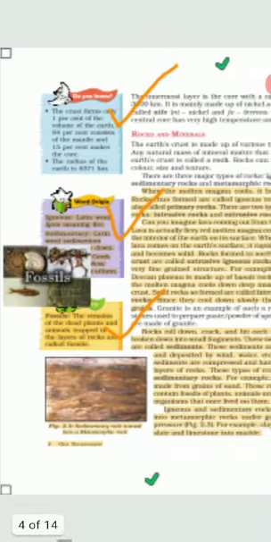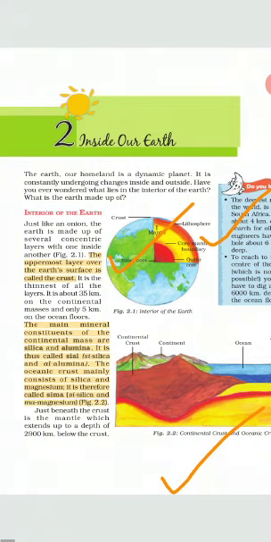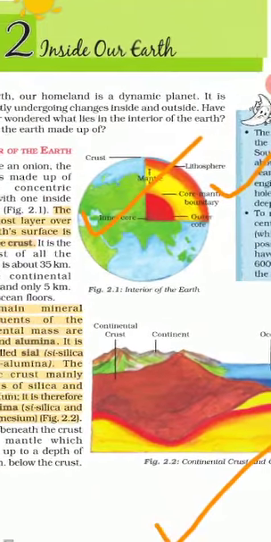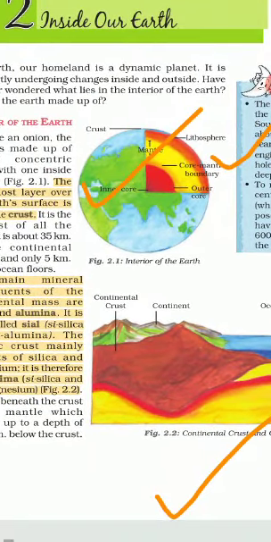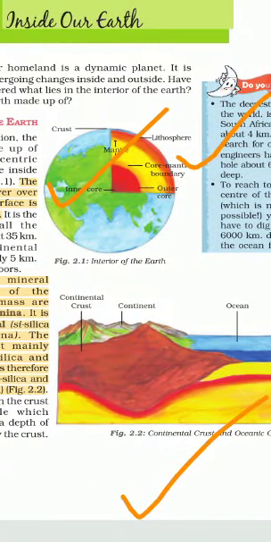So before we proceed towards the end part of the chapter, let's have a quick revision and then wind up with the last topic. So the very first is from this page number 7, what you will be doing: these two diagrams, that is, the interior of the earth and the continental crust and oceanic crust. Practice these two diagrams.